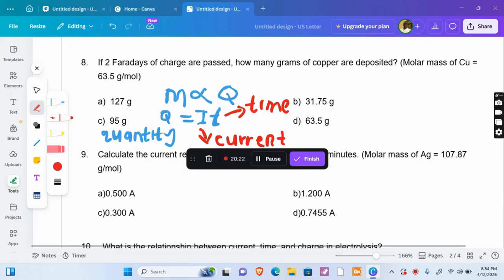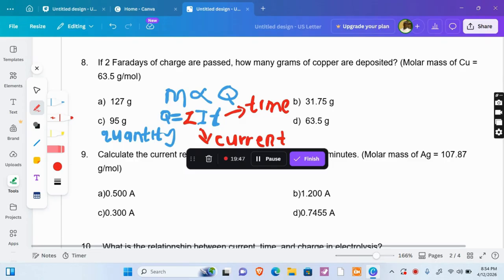Okay, it's supposed to be ZIT, because since we have removed the proportionality sign, there's a Z there. So Q is equal to ZIT. The Z is the constant of proportionality. So that is Faraday's first law.